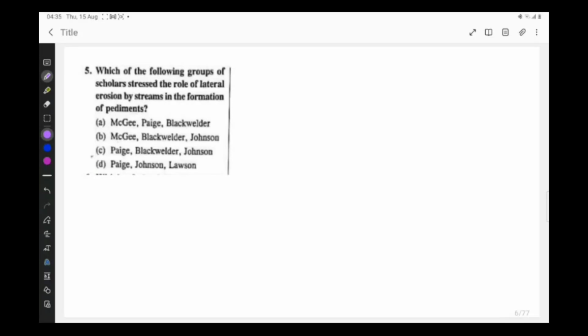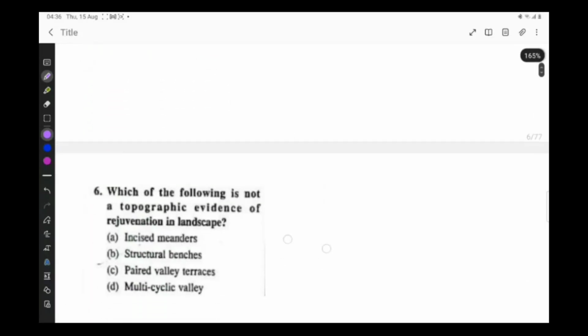The best way to deal with such questions is to solve as many previous year questions as possible. The right answer for this question is C, Page, Blackwelder and Johnson. Let's move to the next question.